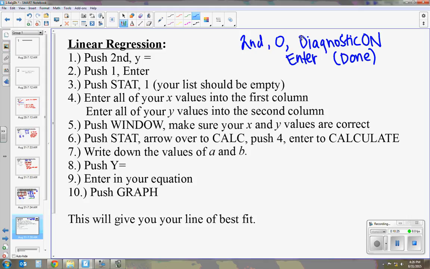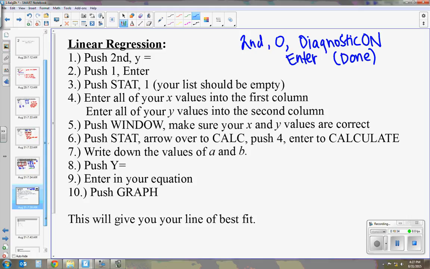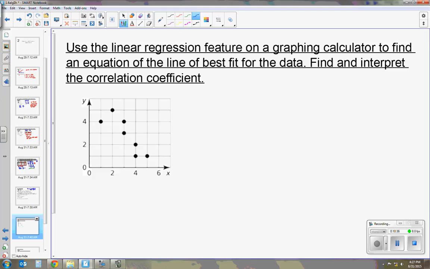So here are the steps for the linear regression. I'm going to go through these on the calculator, but you can follow through if you have this page. Okay, so we're going to look at this problem. When we look at this problem, we're going to follow through the steps. The first thing we need is our points. Okay, so let's write them down. We have 1, 4.